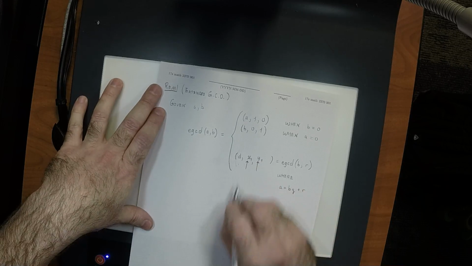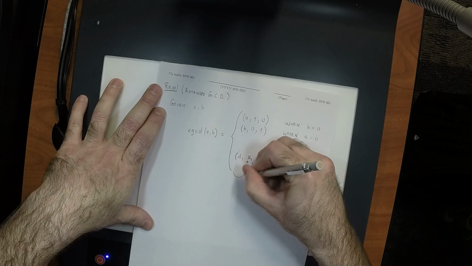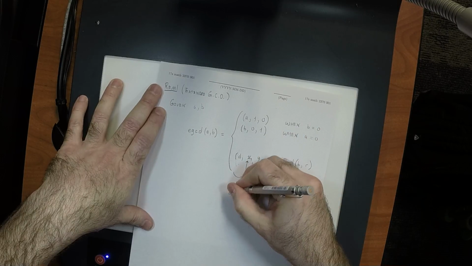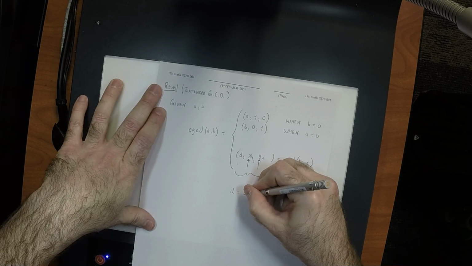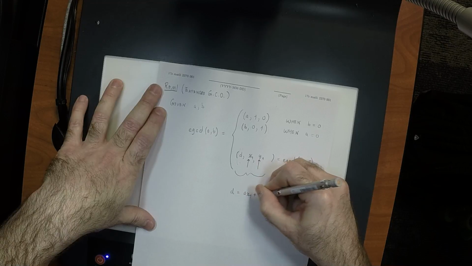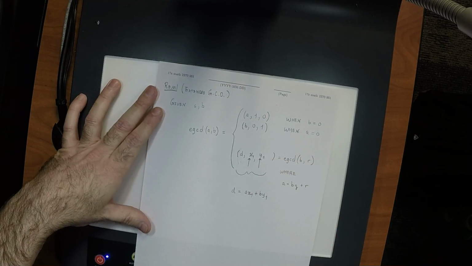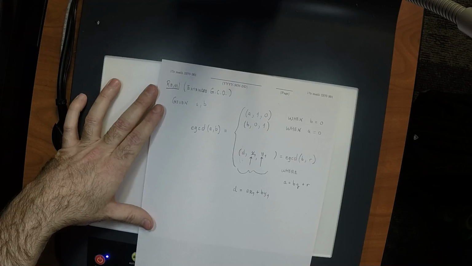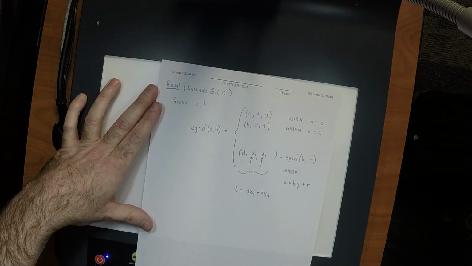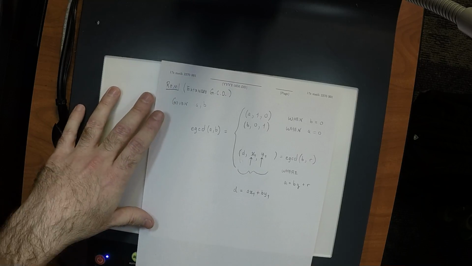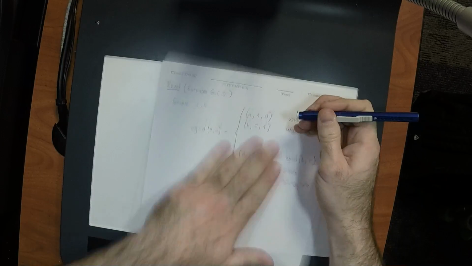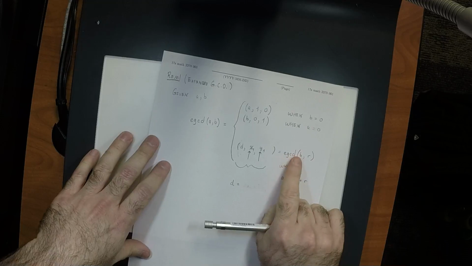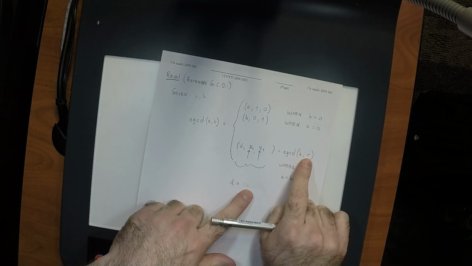So what this is telling us is that D is AX1 plus BY1. No, actually, that's not right. So let's fix this. What is this telling us? Because we recursed to B and R, D is what?